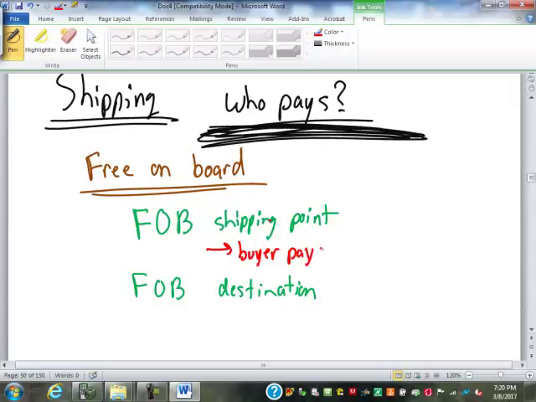So that means the buyer pays the freight. At the destination, of course, is the buyer. So it is free to the buyer. The seller pays the freight.